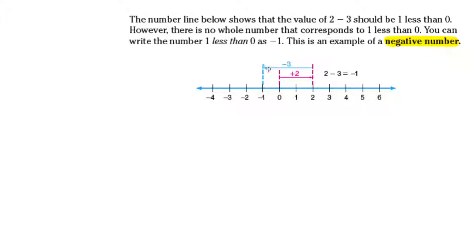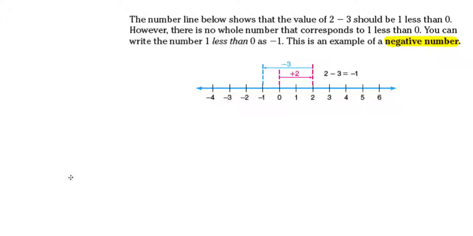Then you go back 3 spaces, you end up with this number, which we call -1. However, there is no whole number that corresponds to 1 less than 0. So -1 is not a whole number. Write the number 1 less than 0 as -1. This is an example of what we call a negative number.